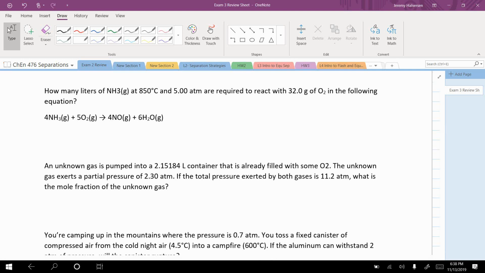All right, how many liters of NH3 gas at 850 degrees C and 5 atmospheres are required to react with 32 grams of oxygen in the following equation? This one's on you. Ready, go.